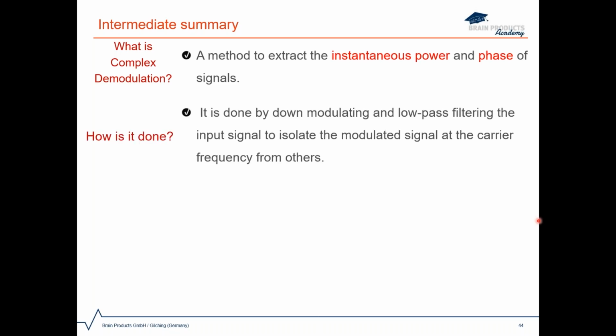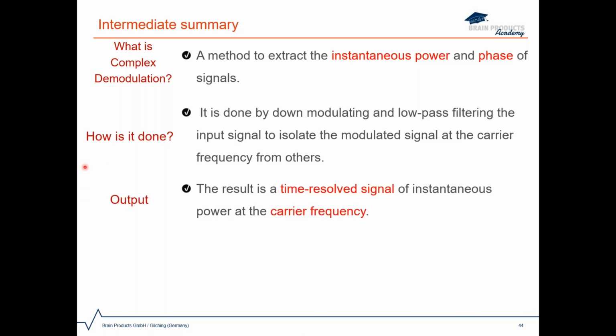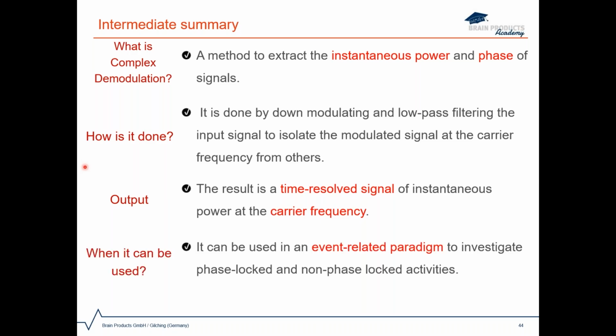It is done by down-modulating and low-pass filtering the input signal to isolate the modulated signal at the carrier frequency from others. The result of complex demodulation is a time-resolved signal of instantaneous power at the carrier frequency. Like Wavelet Transform and ERS-LD, it can be used in an event-related paradigm to investigate phase-locked and non-phase-locked activities.